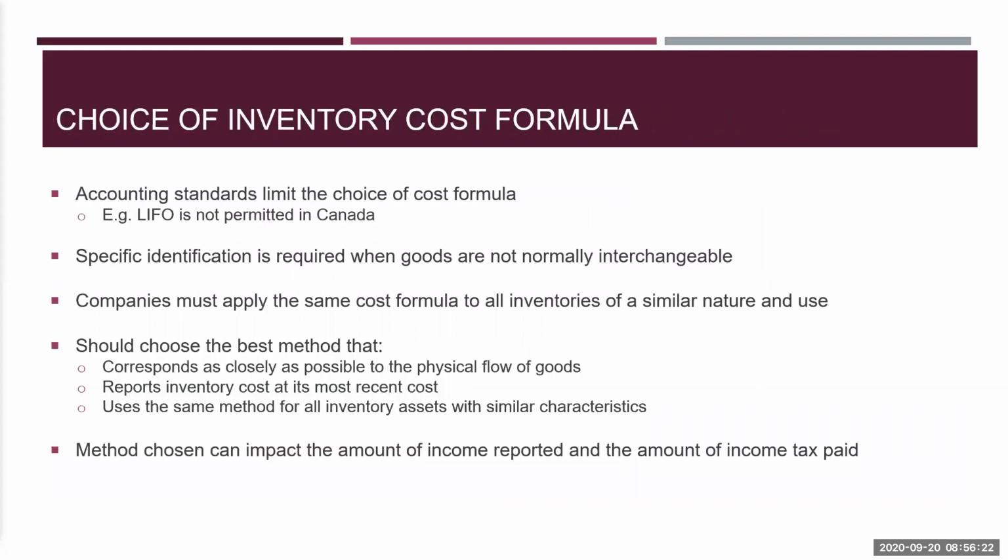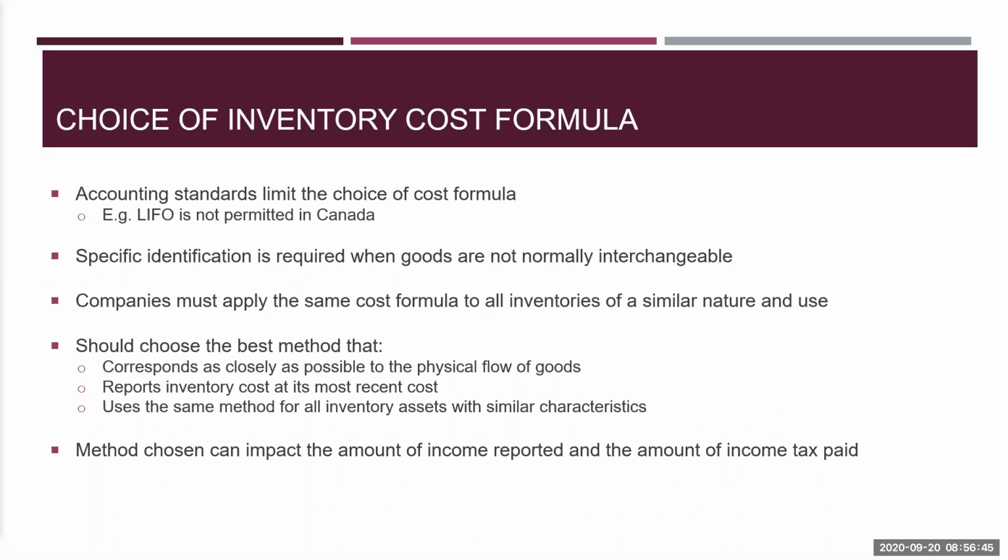Now, choices of your inventory cost formula. As we said, the last in, first out method is not permitted in Canada anymore. That means you are left with specific identification, first in, first out, and weighted average cost. Specific identification is very specific to the industry, and it is going to cost you extra money.